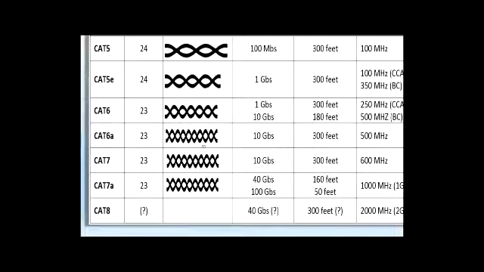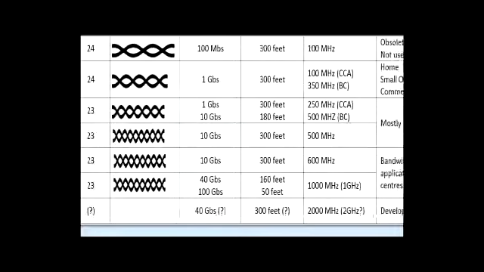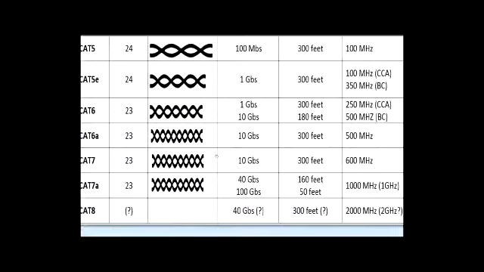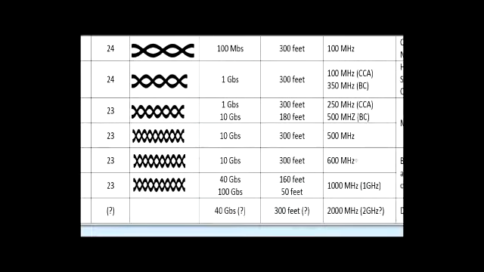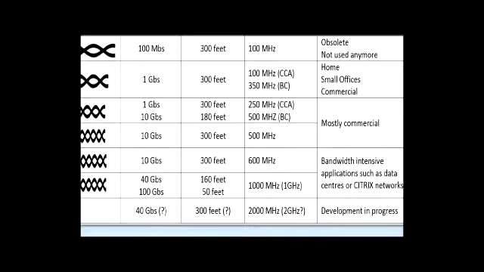Now look, now Cat6a, you can get 10 gigabits, but all up to 300 feet. And here is the bandwidth, 500 megahertz, mostly commercial Cat6a. Then there's Cat7, you can have 10 gigabits and up to 300 feet, and you have 600 megahertz bandwidth. Now, why is bandwidth important? Well, sometimes you want to transmit a digital signal, sometimes you want to transmit an analog signal.